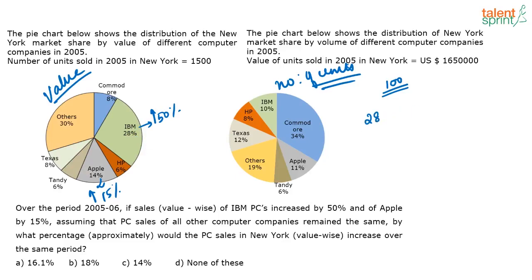Now the sales of IBM has increased by 50%, correct? So if I take total sales as 100, then I can say sales of IBM is 28. Now what are they saying? The sales of IBM has increased by 50%. So how much has the sales of IBM become?